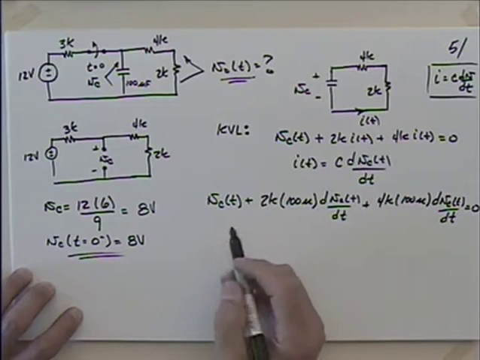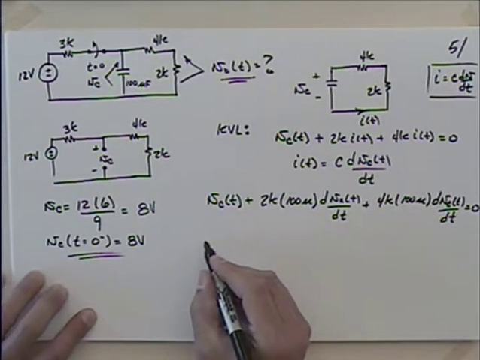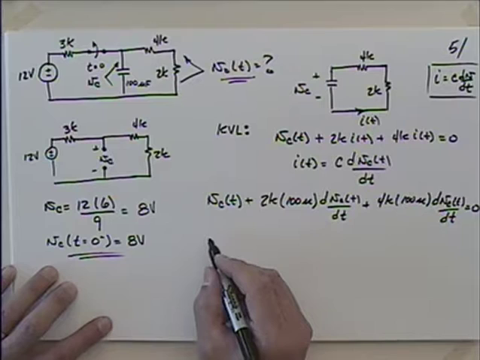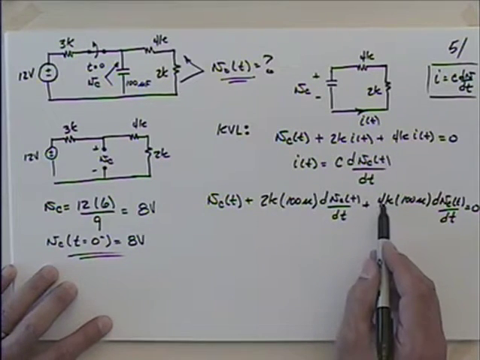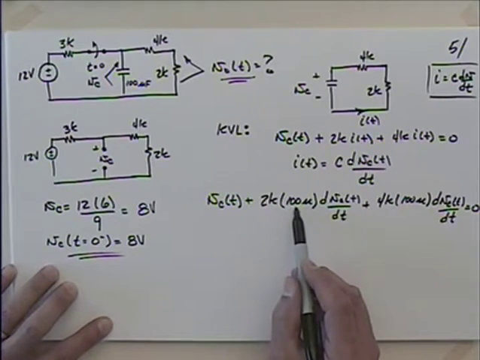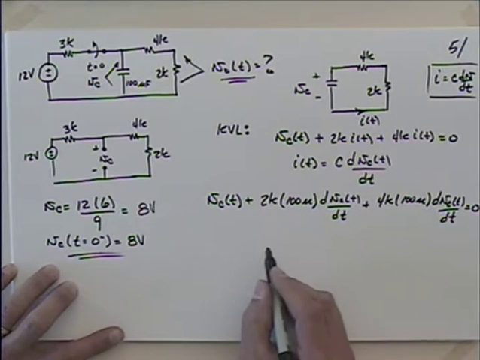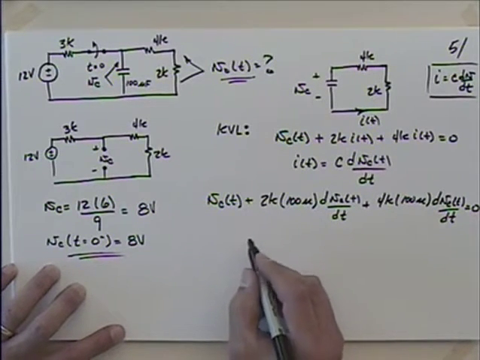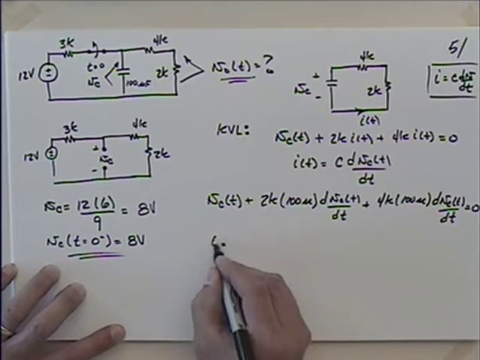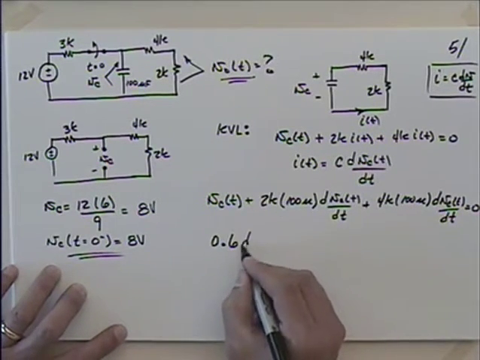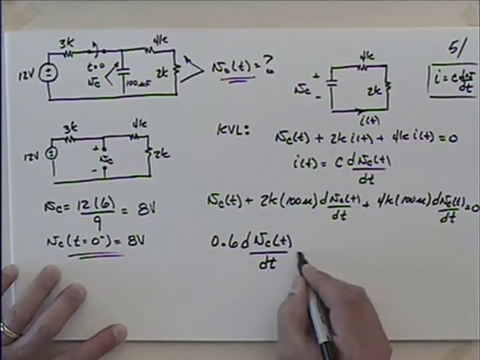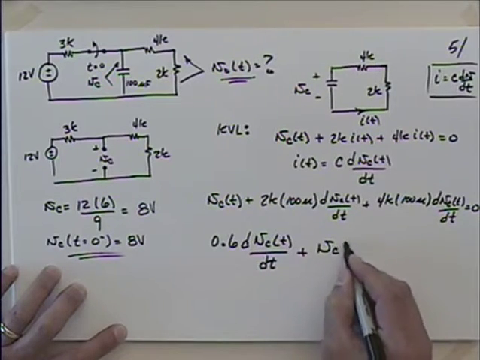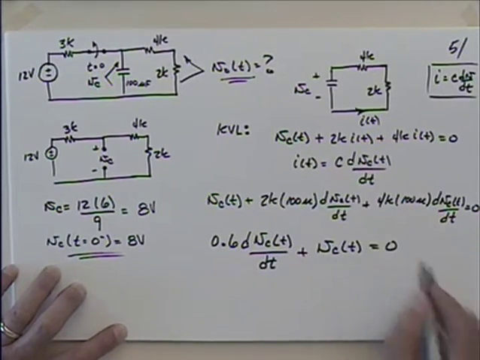So let's see. If we tidy this up a little bit, what do I have here? 2K and 4K is 6K. So multiply 6,000 times 100 times 10 to the minus 6. I end up with what? 0.6, is that right? 0.6 times dVc of t dt plus vc of t is equal to 0.